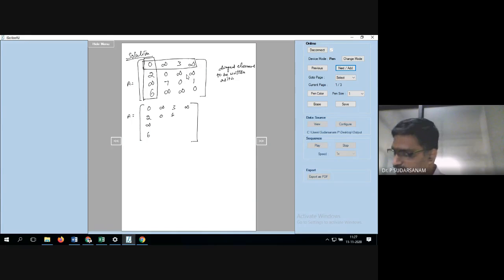So one value I will write here, A of 2, 3 is equal to A of 2, 3 or A of 1, 3 and A of 2, 1.